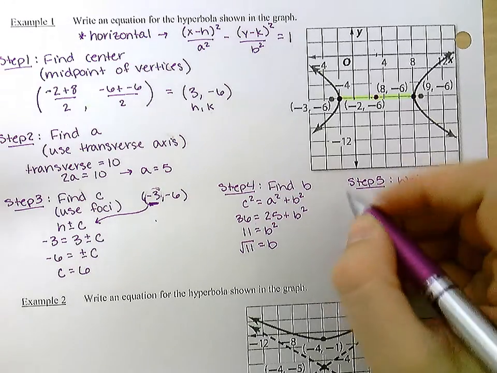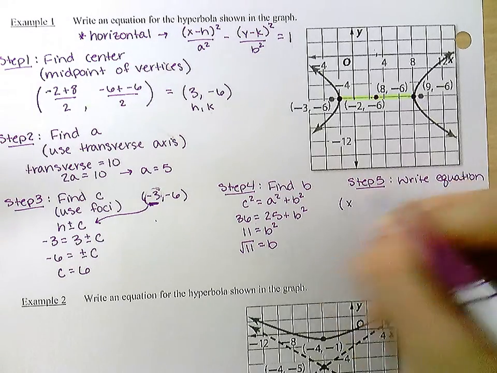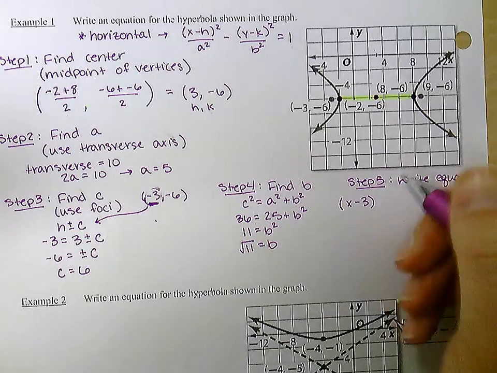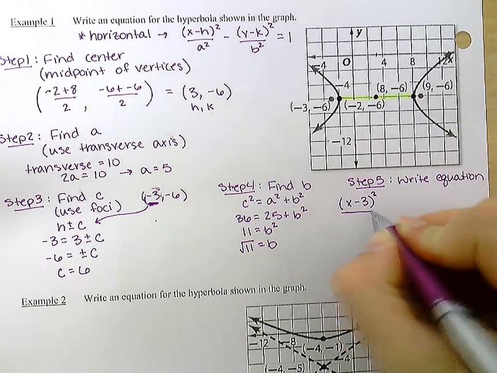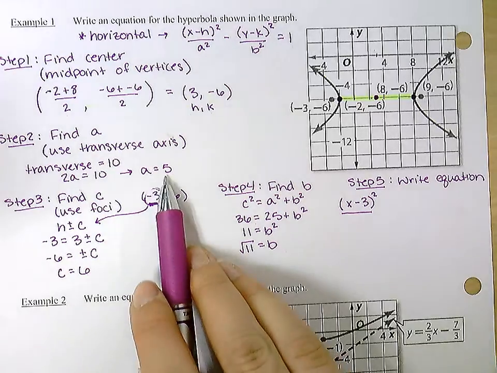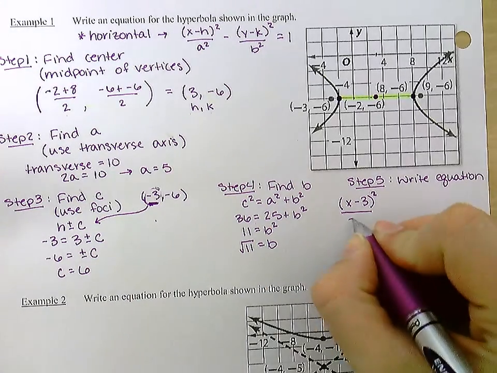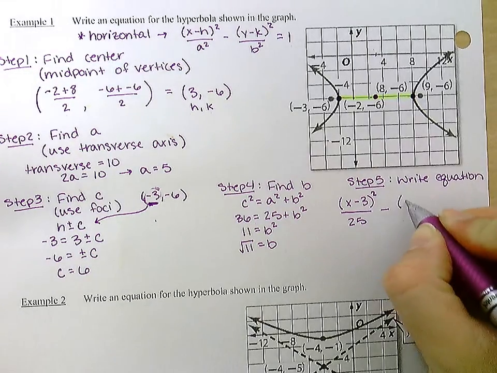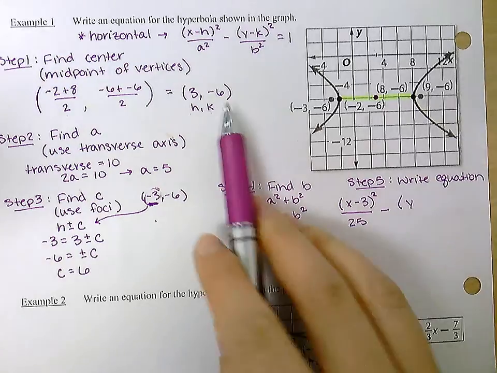We can write out x minus our h value, which is 3, square that, over a squared, so 5 squared is 25, minus, since this is a hyperbola, it is subtraction, our y value minus our k value.